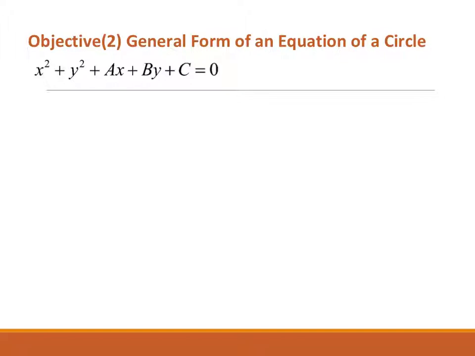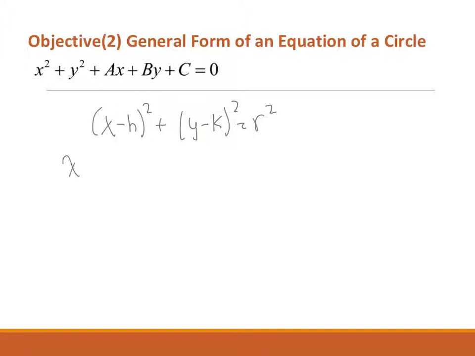So for example, suppose I have x minus h squared plus y minus k squared is equal to r squared. To put it into the general form of a circle, we expand this.